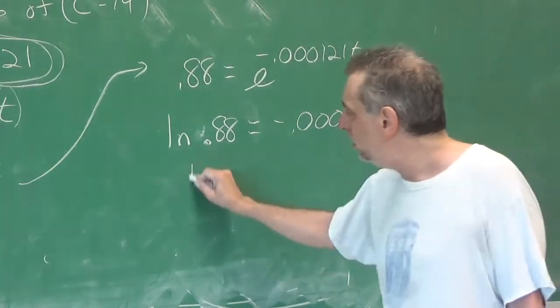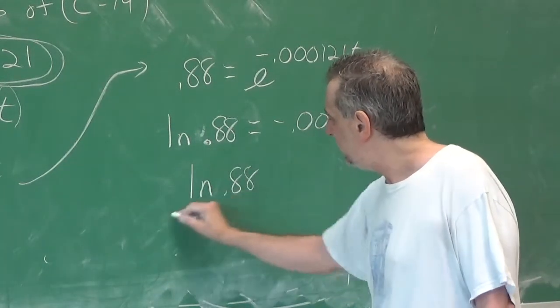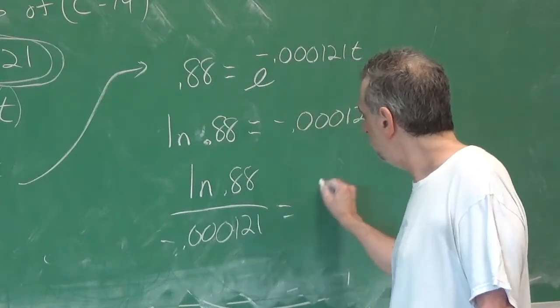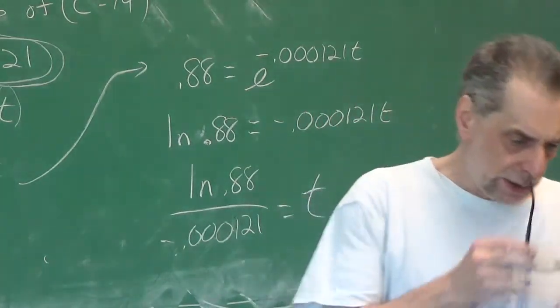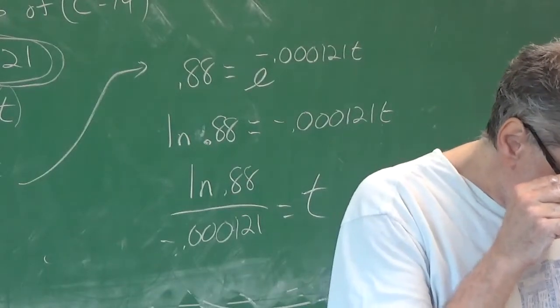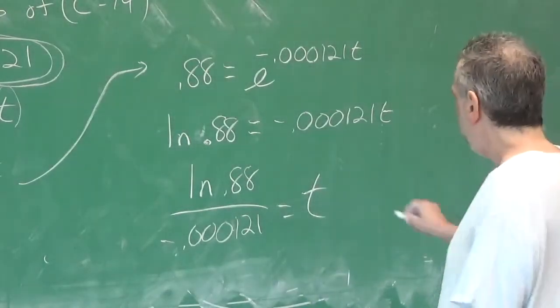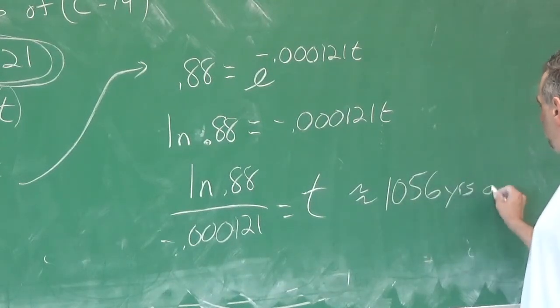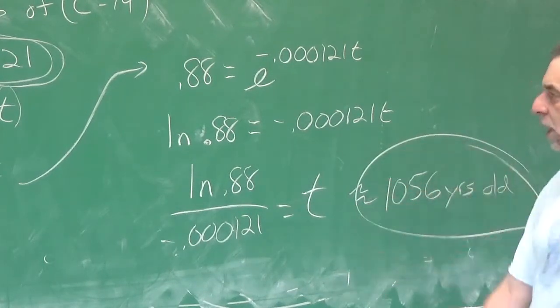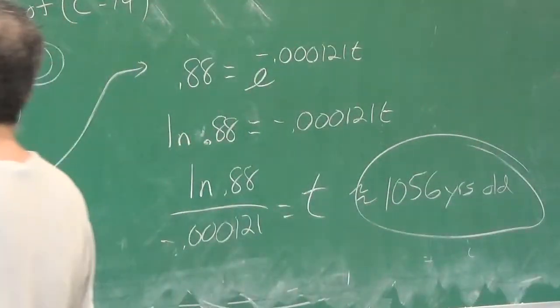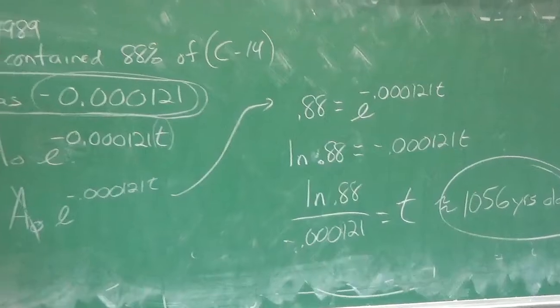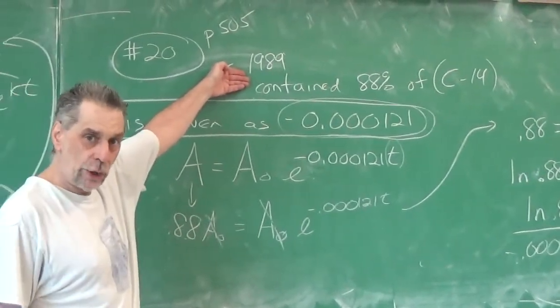We solve for t. And I got this one here. This is approximately 1,056 years old. Okay, so that's an example of exponential decay. These skeletons were found in 1989, and they had lost 12% of their carbon-14.